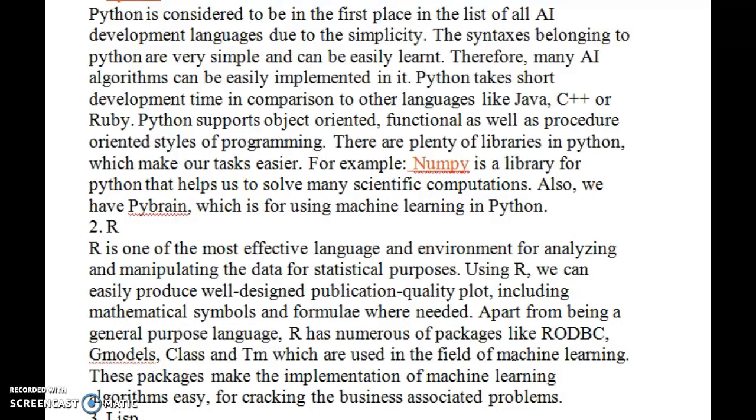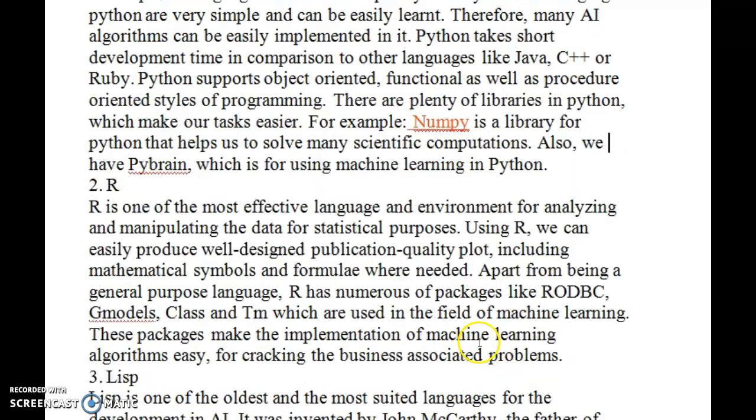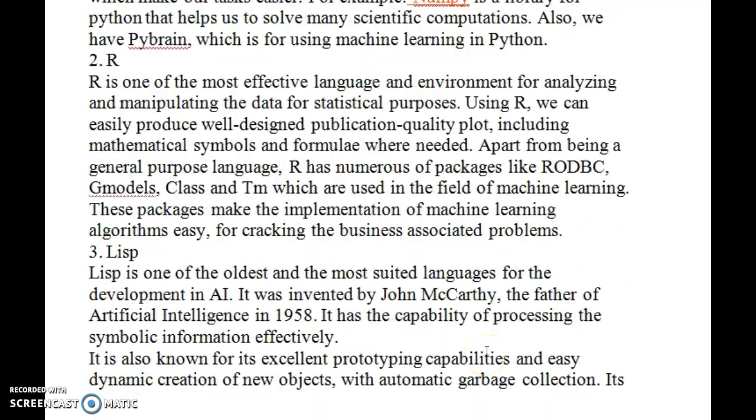Apart from being a general-purpose language, R has numerous packages like RODBC, which is for databases, I think, gmodels, class, and tm, which are used in the field of machine learning. These packages make the implementation of machine learning algorithms easy for cracking business-related problems.